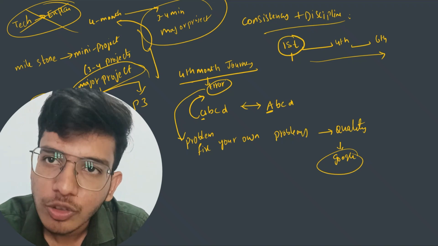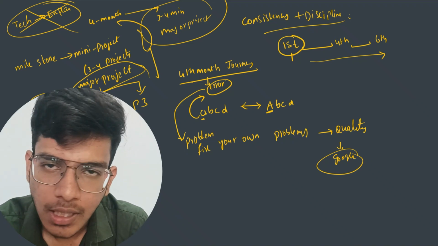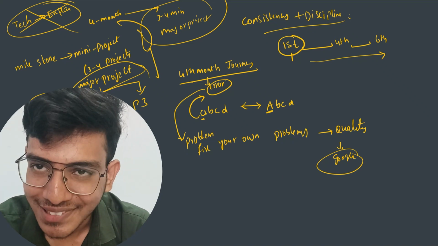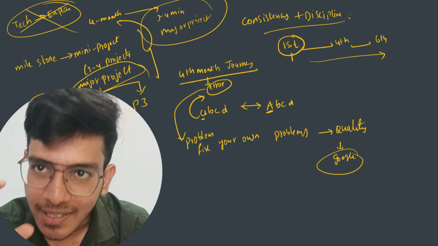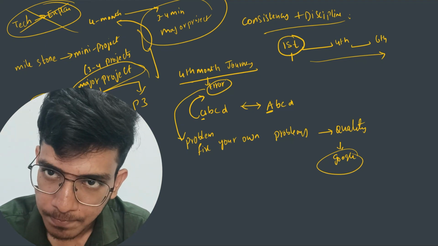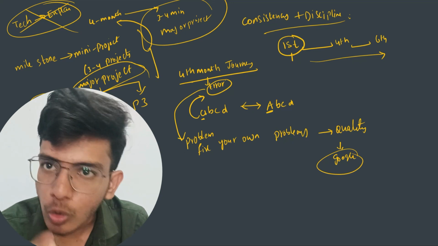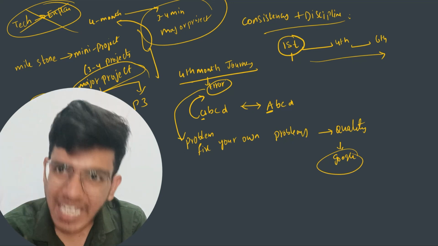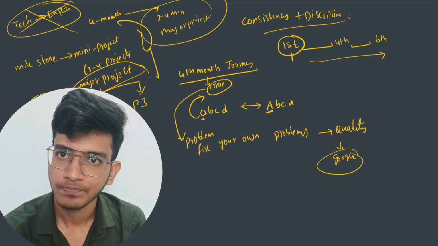Understand it by yourself, and when you do that, believe me, your problem-solving skills, your mindset, your IQ will increase exponentially. I want you to create that quality in yourself.